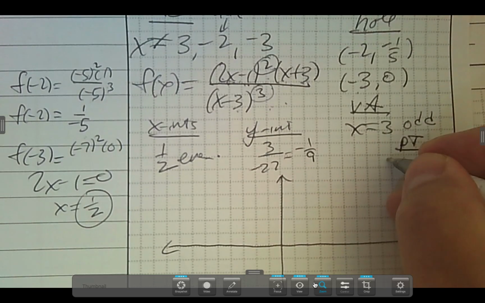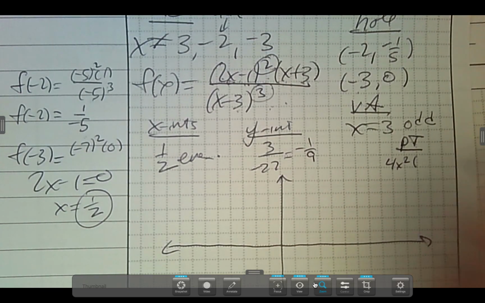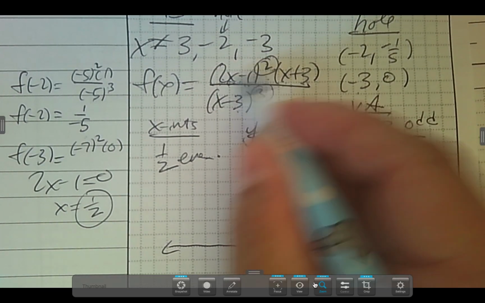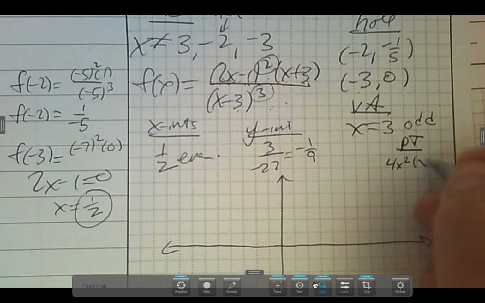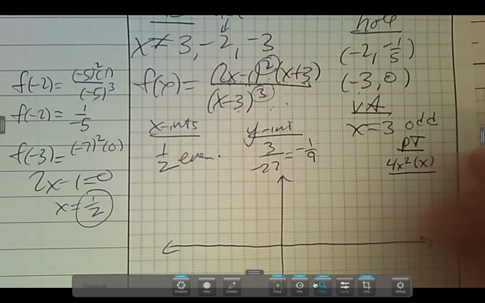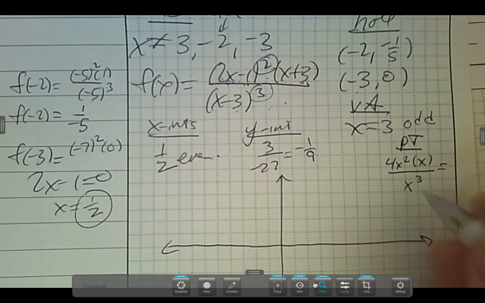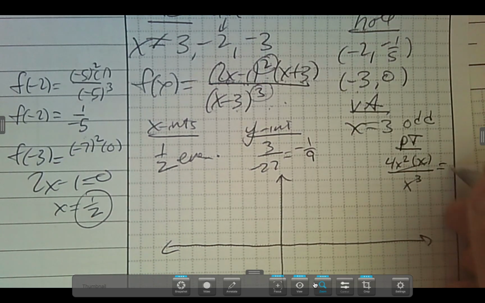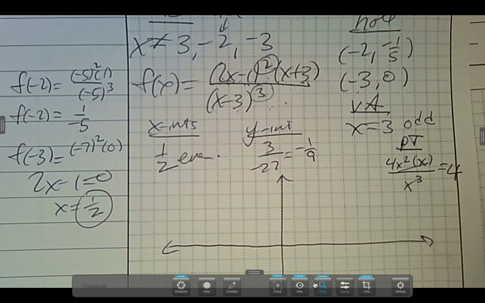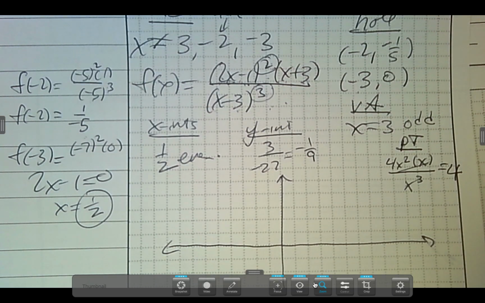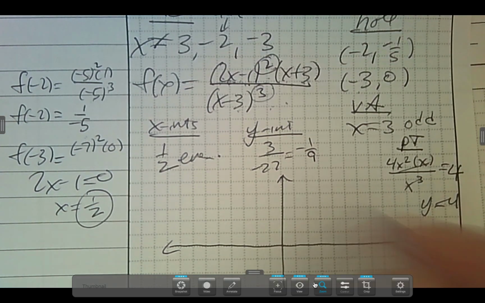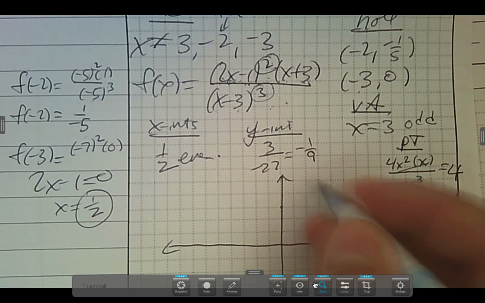That's 4x squared when I expand it, the power term, times x. And then I have x cubed on the bottom. So if I put this all together, these divide out, and all that leaves me with is 4 for the horizontal asymptote, or the end behavior. So y equals 4, 1, 2, 3, 4.